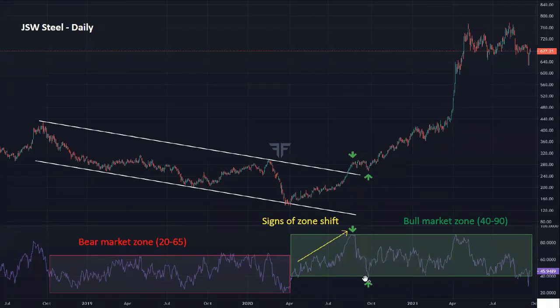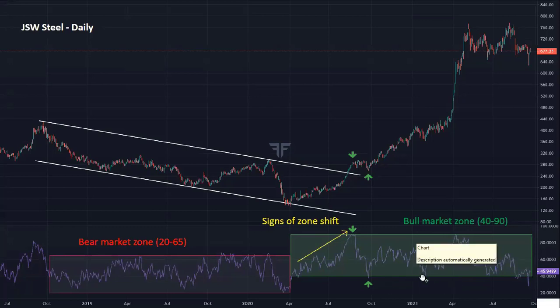So this is a very strong signal that there is a potential shift in trend in the price of JSW Steel from down to up. And as you can see, going forward, JSW Steel entered a period of prolonged uptrend. Now, in this green shaded box, during this entire uptrend, you will notice that on the upside, the RSI is approaching 80, while declines in RSI are halting right at 40.